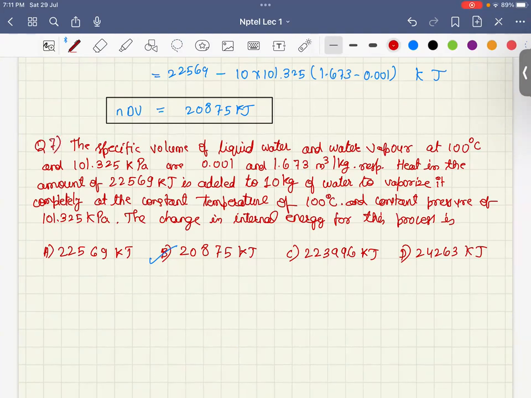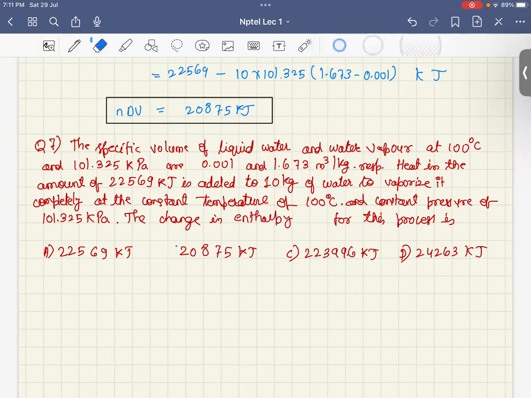Instead of change in internal energy, what is the change in enthalpy for this process?